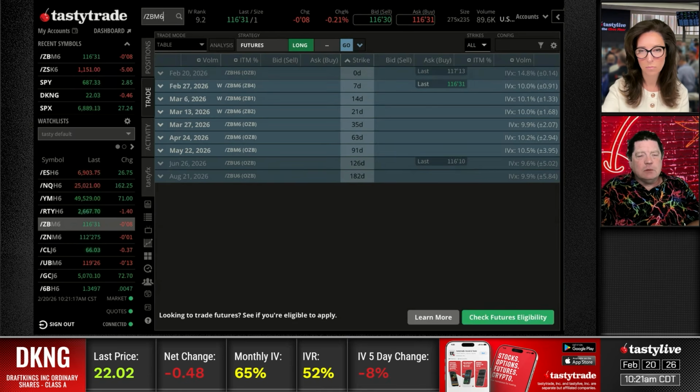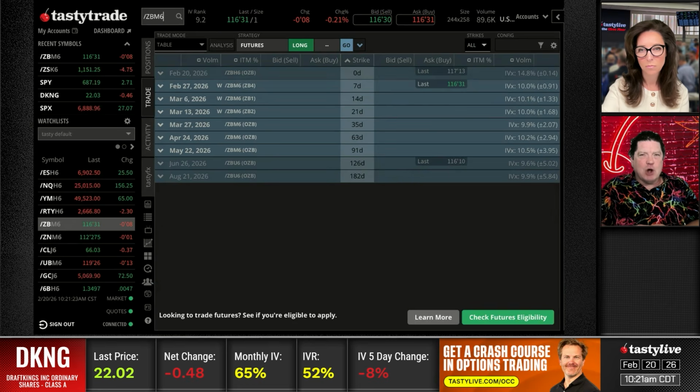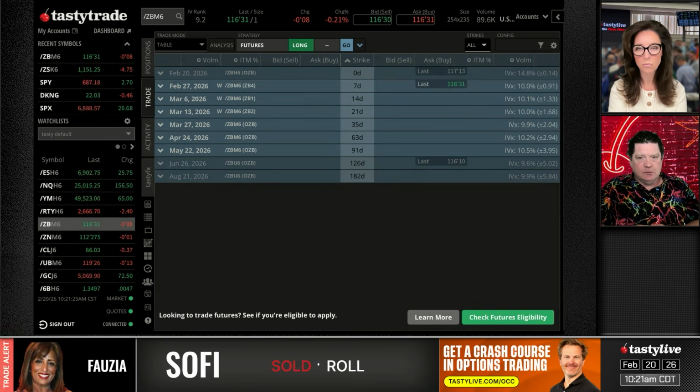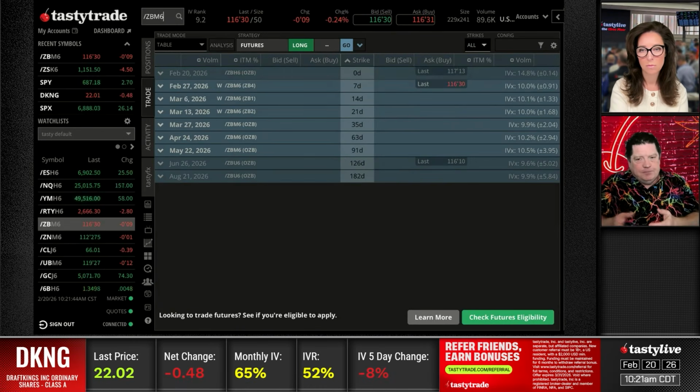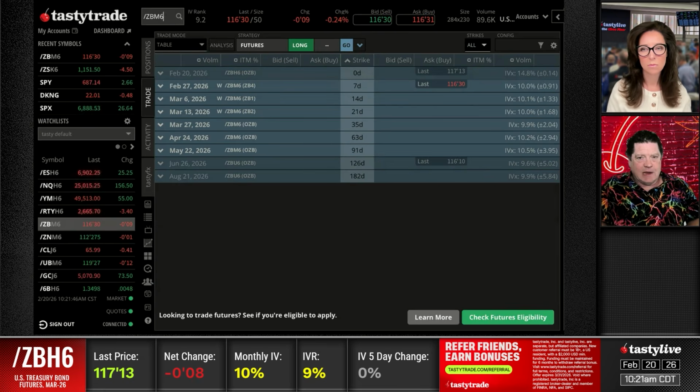The reason I'm showing you corn versus bonds is that contango and backwardation in things like bonds or the S&Ps is strictly a cost of carry question. It's strictly interest rates versus any dividends or yields you get paid. It's purely financial. The backwardation and contango in bonds doesn't tell you anything about direction, because it's all interest, it's all cost of carry.